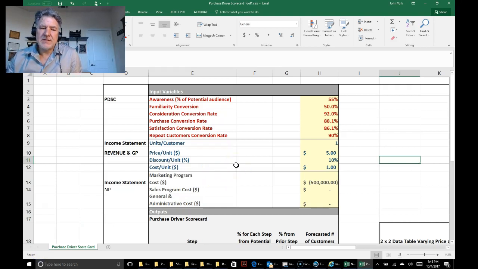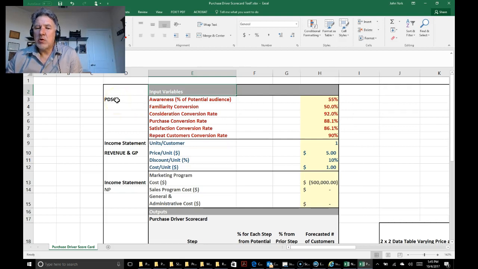So when you set up a model, what you need to think about is input variables and output variables. You will see this in other classes as well, such as accounting, finance, and operations management. So what you want to do is set this section up on top and clearly define in yellow your input variables.